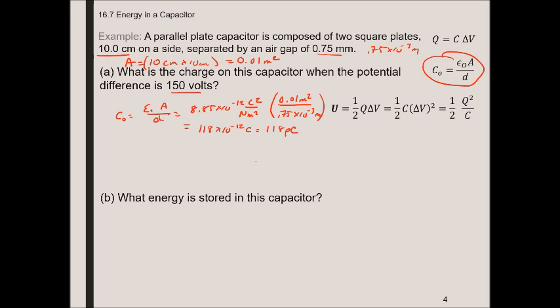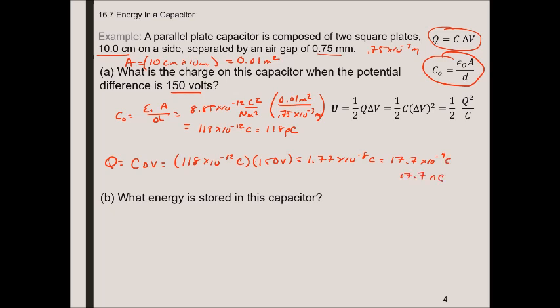And then we want to find what's the charge on the capacitor when the potential difference is 150 volts. So we're going to use our capacitor equation to find that. Q is equal to C delta V. So 11.8 times 10 to the negative 12th farads times our 150 volts gives us 1.77 times 10 to the negative 8th coulombs, or 17.7 times 10 to the negative 9th coulombs. So that means it's 17.7 nanocoulombs.